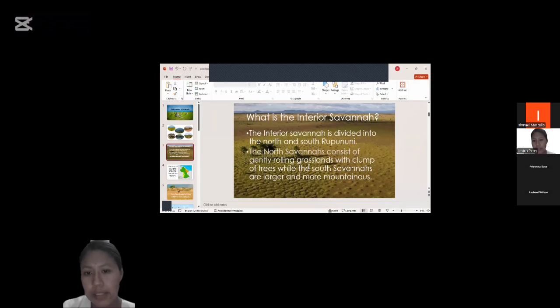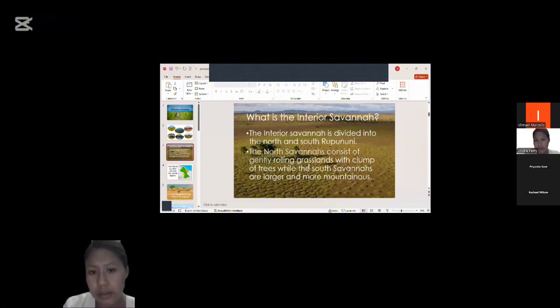Very good. So here it gives us a very brief description of what the interior savanna looks like, right? The interior savanna is divided by the Kanaku Mountains into the North and the South Rupununi, right? That is why a lot of people know the interior savanna as the Rupununi.